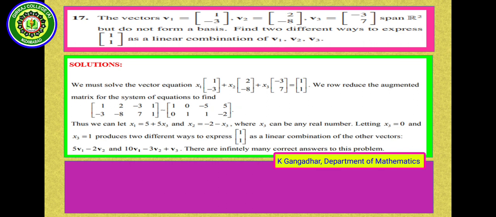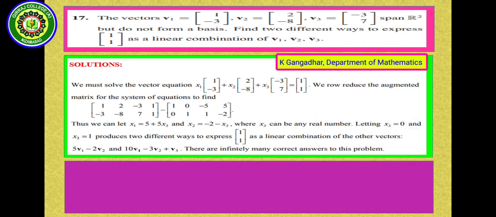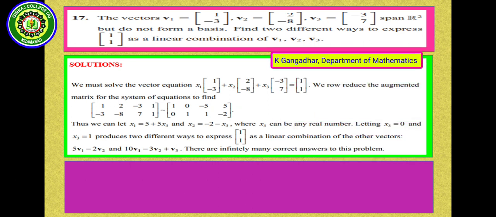So there are infinitely many correct answers to this problem, because here x1 equal to 5 + 5x3 and x2 equal to -2 - x3. So x3 is an independent value. x3 is a free variable, any real number. So for different values of x3 we get different x1, x2 values.